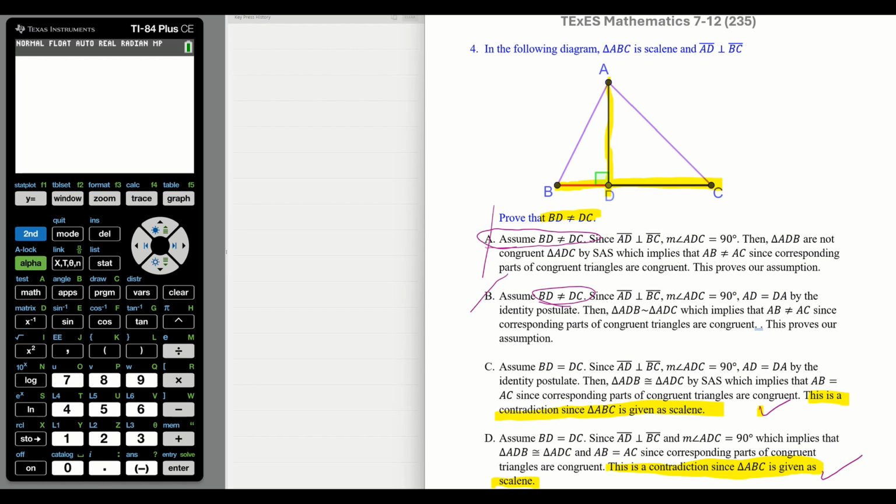All right, let's go to C. Assume that BD and DC are equal. Since AD and BC are perpendicular, then yes. So yes and yes. And that AD equals DA by the identity postulate.